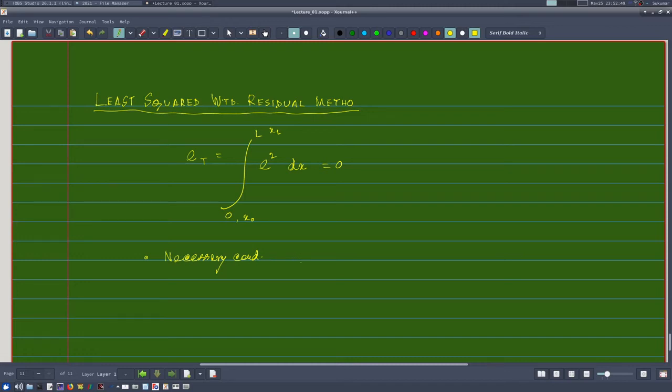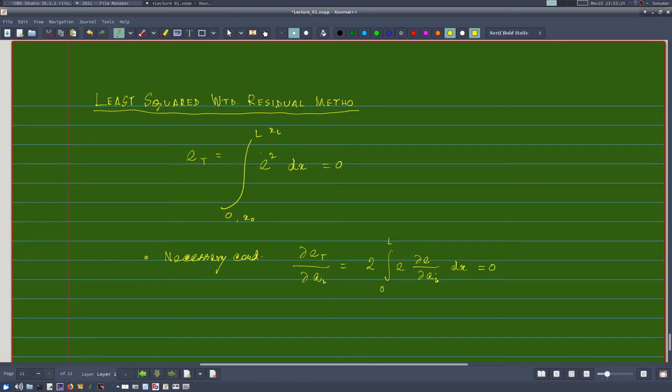And therefore we'll write del E_T del a_i, which says twice the integration from 0 to L of E del E_i del a_i into dx must be 0.